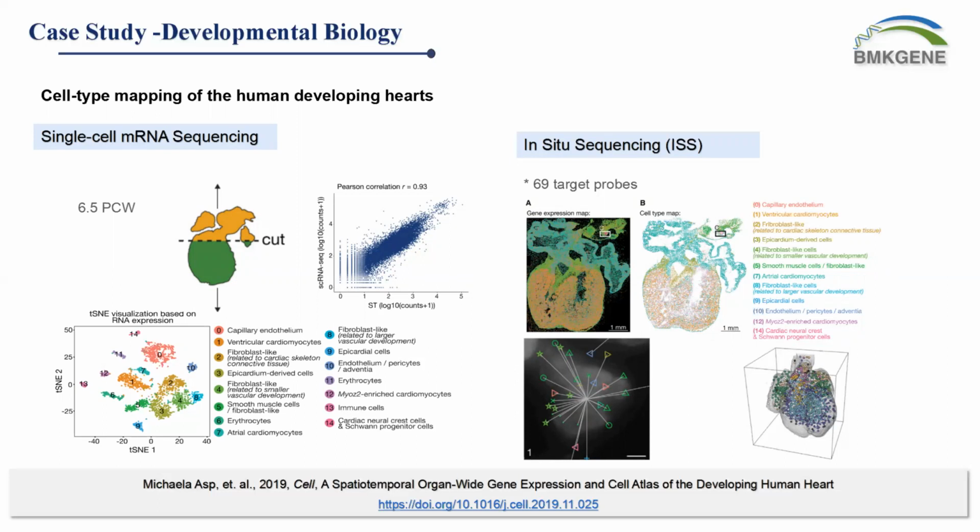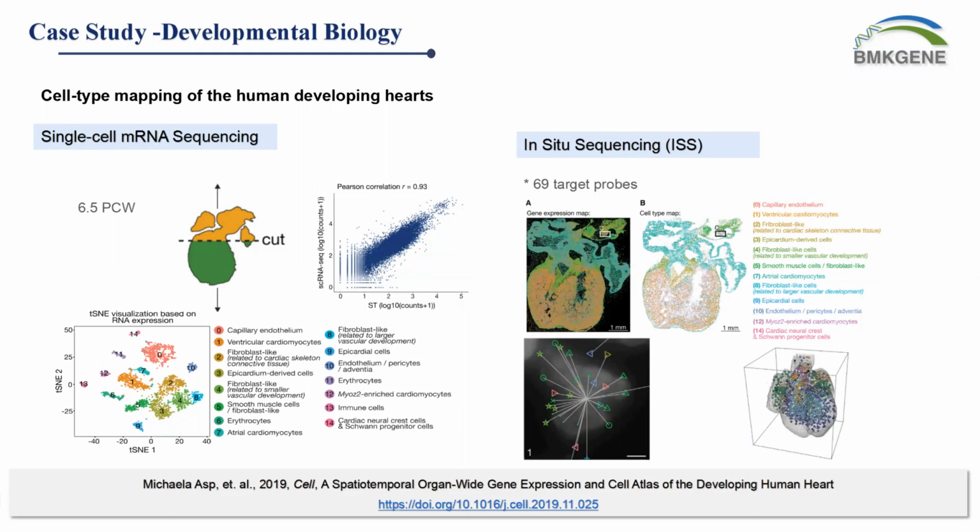So in this study, they used 96 targeted probes, targeting 96 marker genes that they identified in the previous experiment. And by the combination of these 96 targets, they are able to tell more accurately where each cell type is located in this tissue.